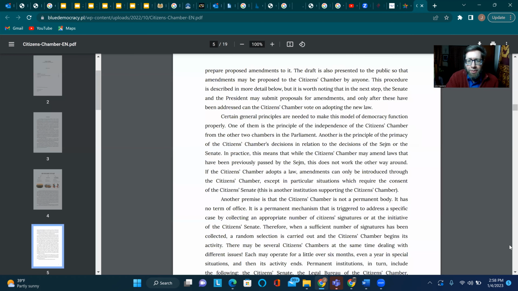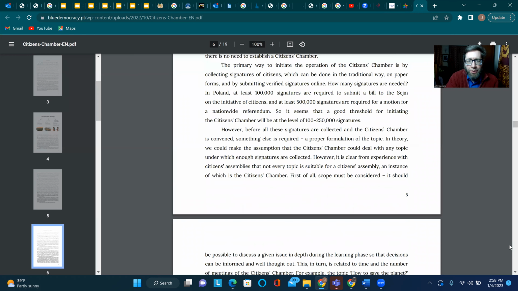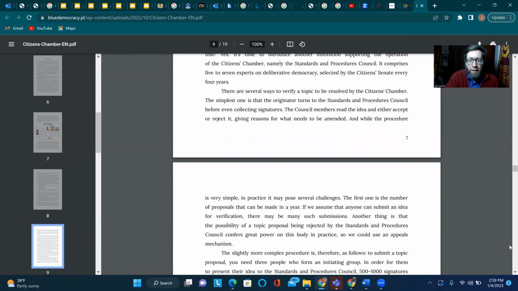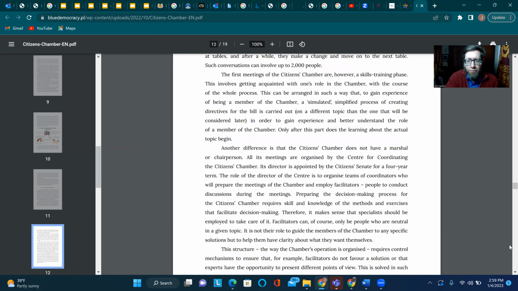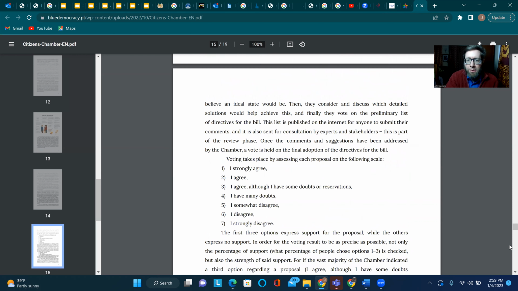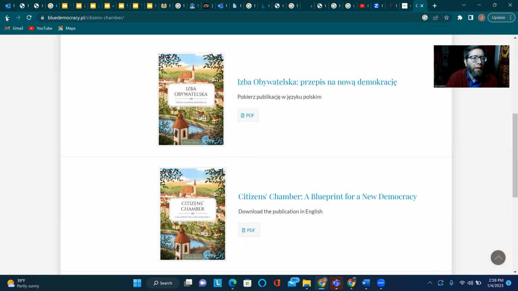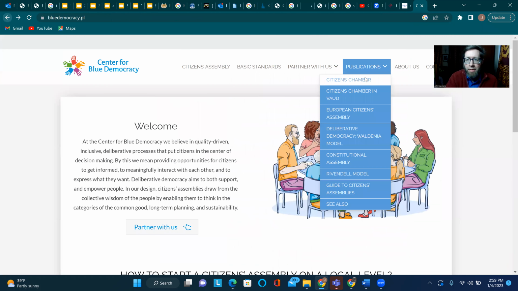But you can also take this and imagine what could be done with other governments in other countries. So this one seemed a little more Polish to me. Let's go back and look at some of these other publications.